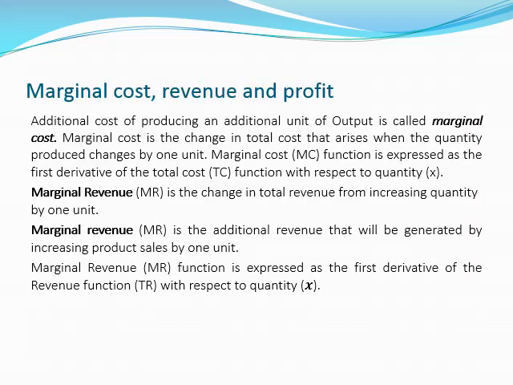Marginal cost, revenue and profit. The additional cost of producing an additional unit of output is called marginal cost. Marginal cost is the change in the total cost that arises when the quantity produced changes by 1 unit. The marginal cost function is expressed as the first derivative of the total cost function with respect to quantity x.